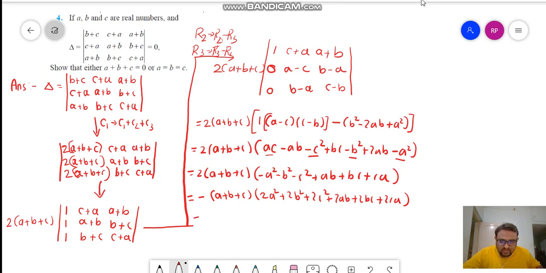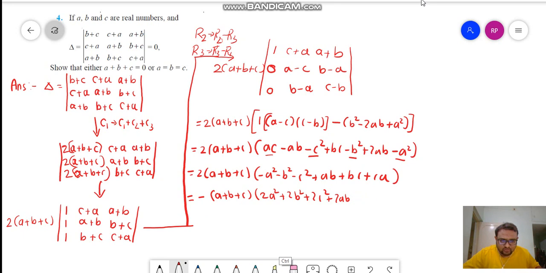So what I will get, minus A plus B plus C, and this will be equal to A plus, sorry, it's minus, sorry, that is my mistake. Okay, the mistake is that I have multiplied it by minus sign.